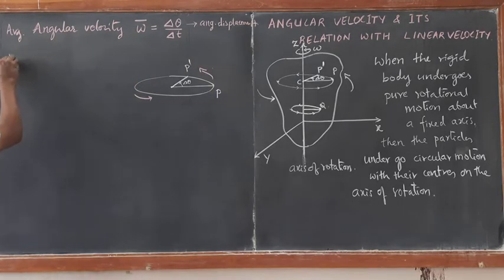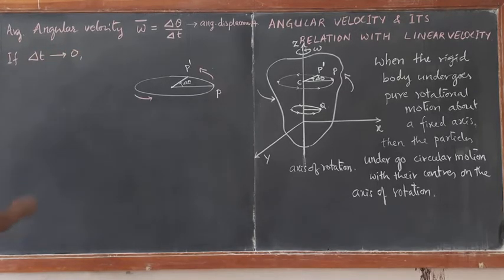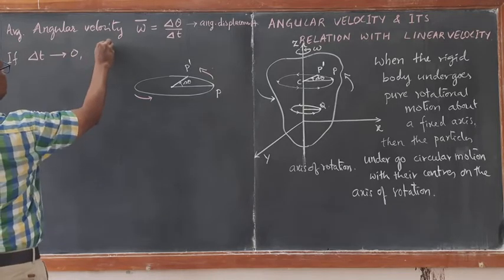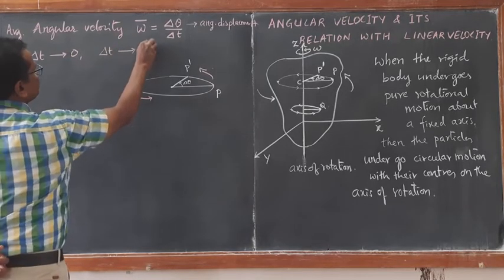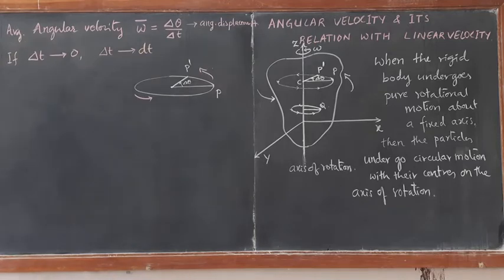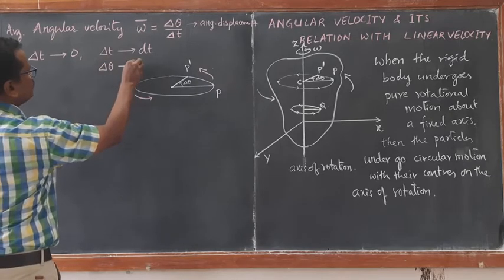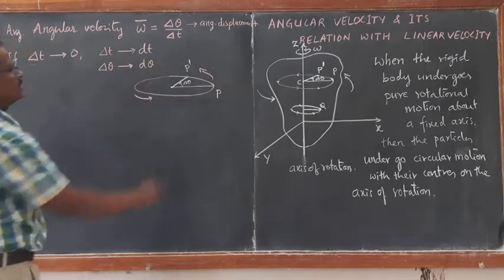If delta t tends to 0, then delta t is replaced by infinitesimally small time, that is dt, and delta theta will be infinitesimally small displacement d theta.